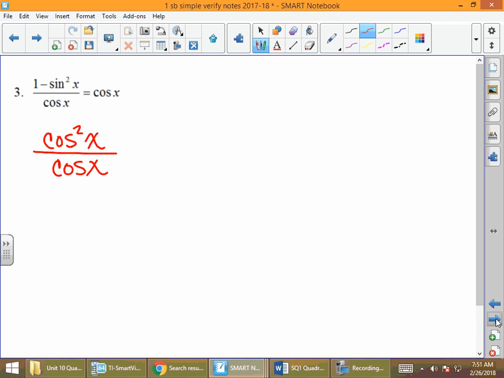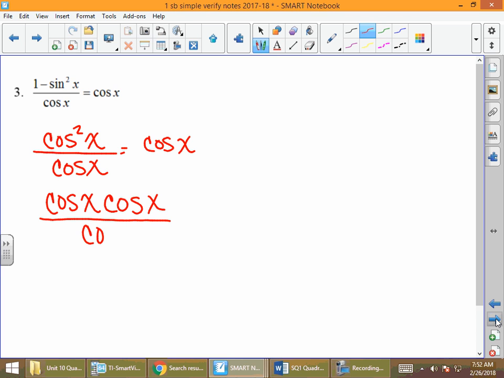We started with the left side because it is the more complicated side. We're trying to turn this into cosine of x. What might be helpful for you is to realize that something squared means times itself. So cosine squared means cosine of x times cosine of x, and that's all divided by cosine of x.